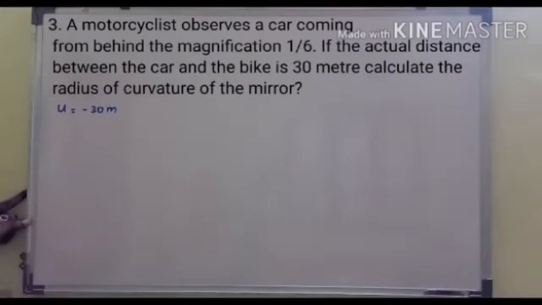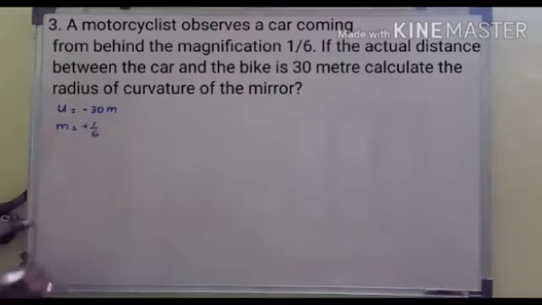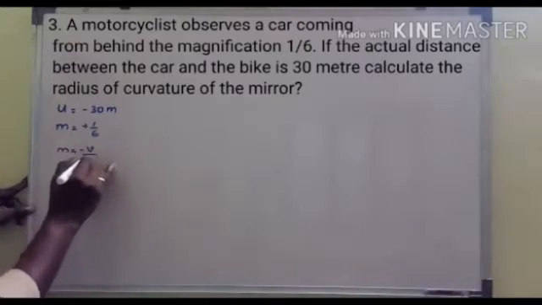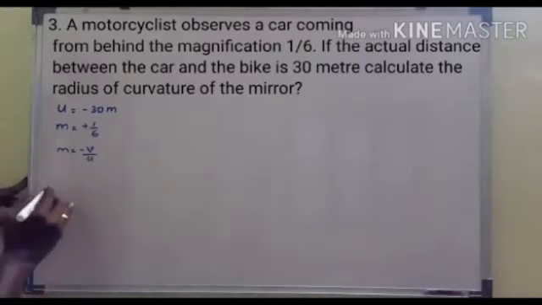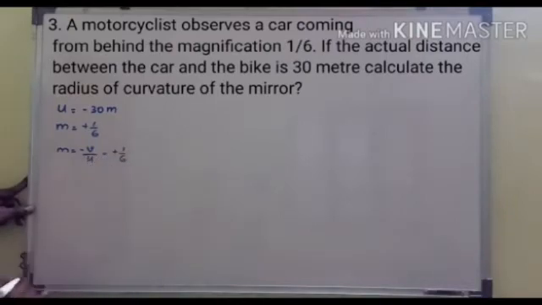And magnification is positive 1 by 6, because the image is formed inside the mirror. So from this we can write m is equal to minus v by u, that is equal to plus 1 by 6.